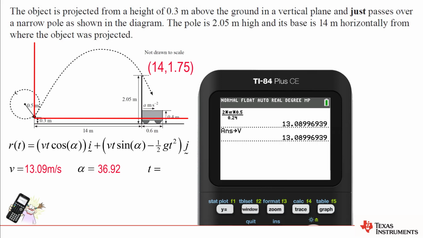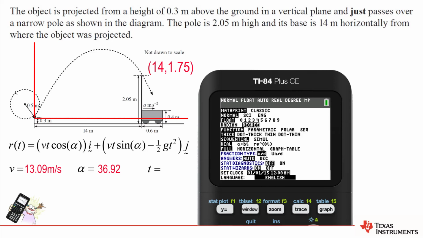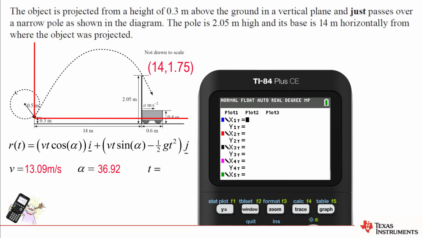Now we have the complete vector equation for the projectile because we worked out its initial speed and its launch angle, giving us the velocity. At this point, it's worth checking the equation.